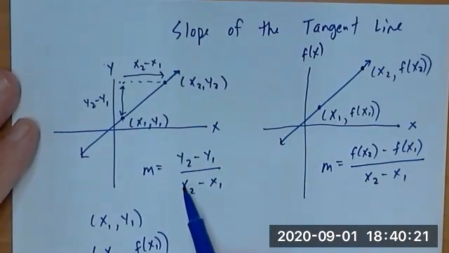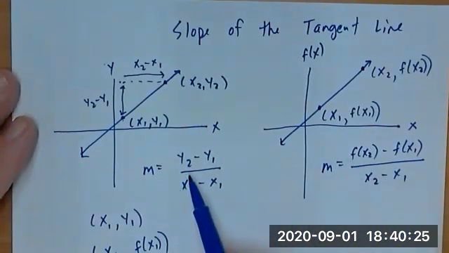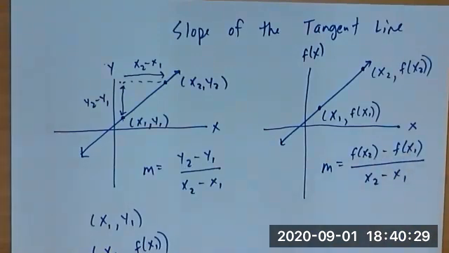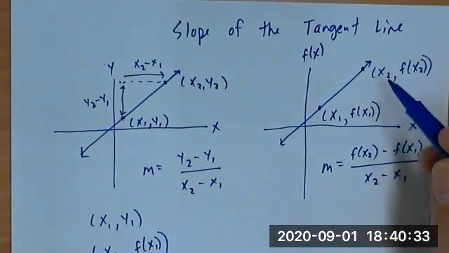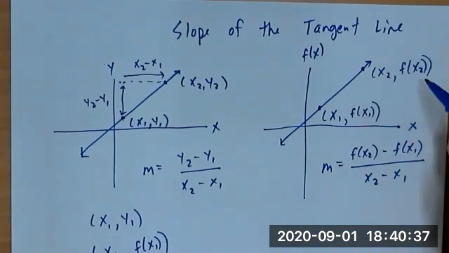Once again, if you compare the two slope equations, all I've really done is replace the y's with f of x. All right, I do this because in a few minutes, I'm going to do this kind of thing on a graph, and if you're not aware of what I'm doing, then it could make it a bit confusing.